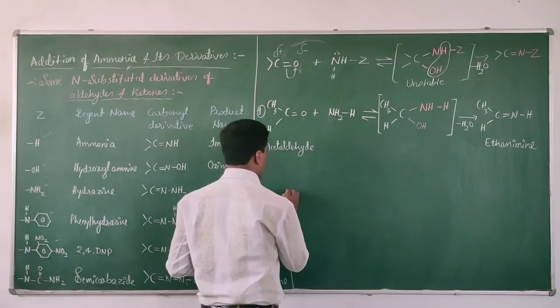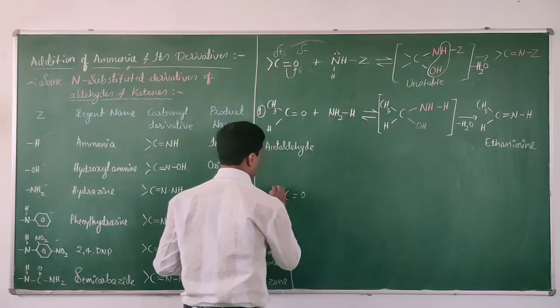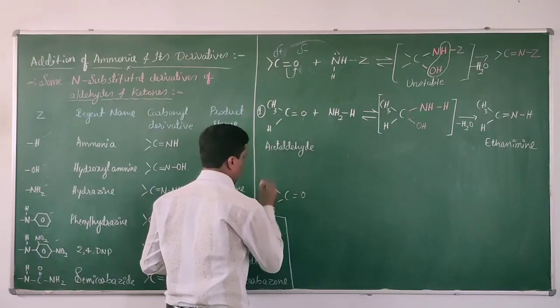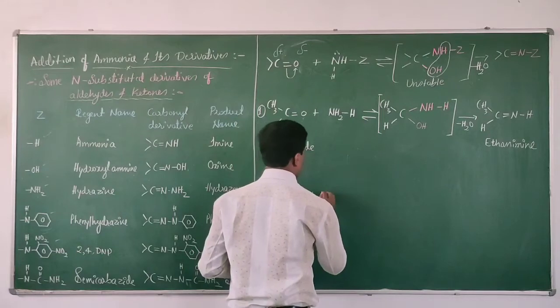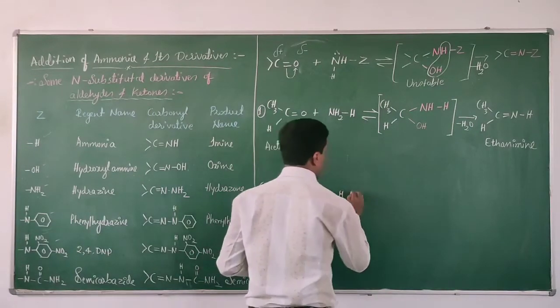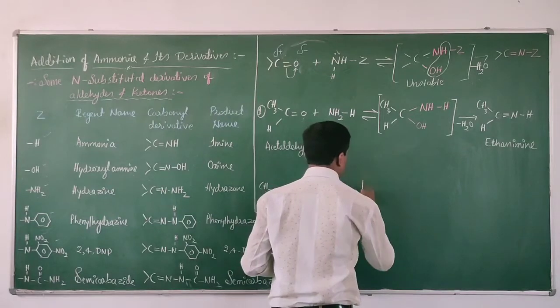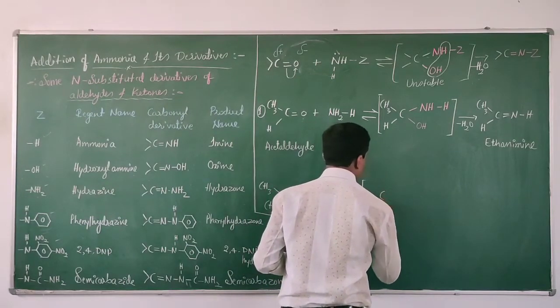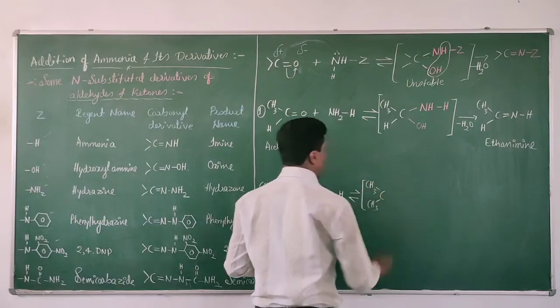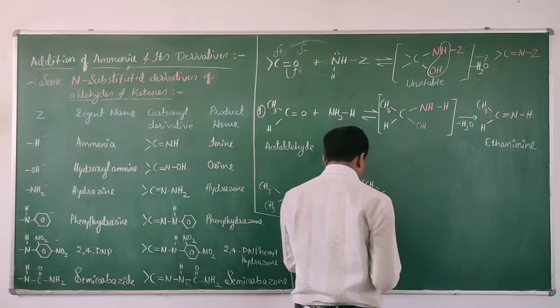Now let us consider a ketone as an example. Consider the same thing, plus NH2H. The intermediate is going to form here. Consider CH3 as it is.